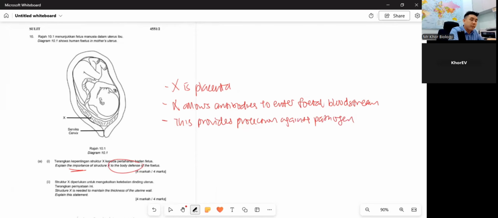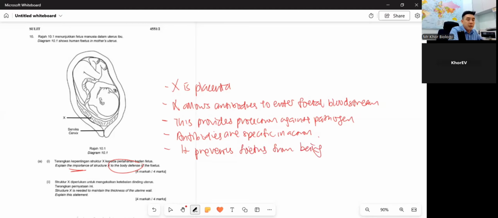And next, antibodies are specific in action. It prevents the fetus from being attacked by disease.